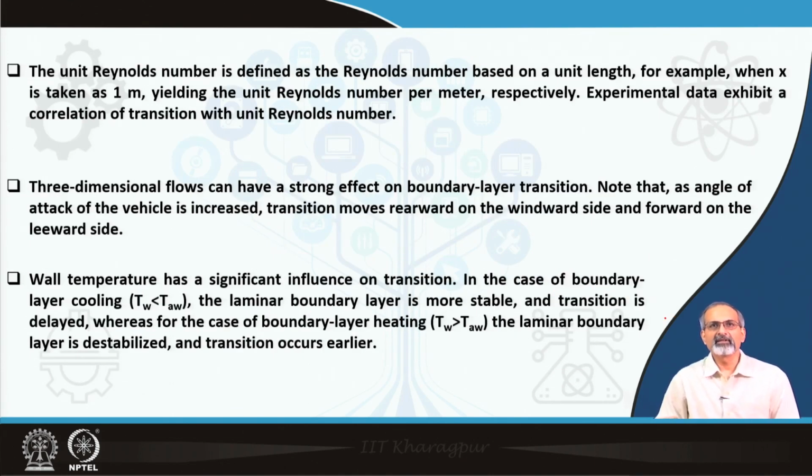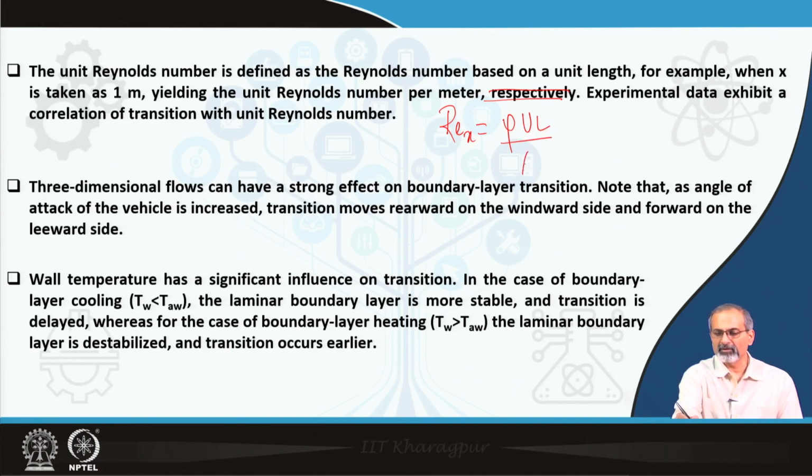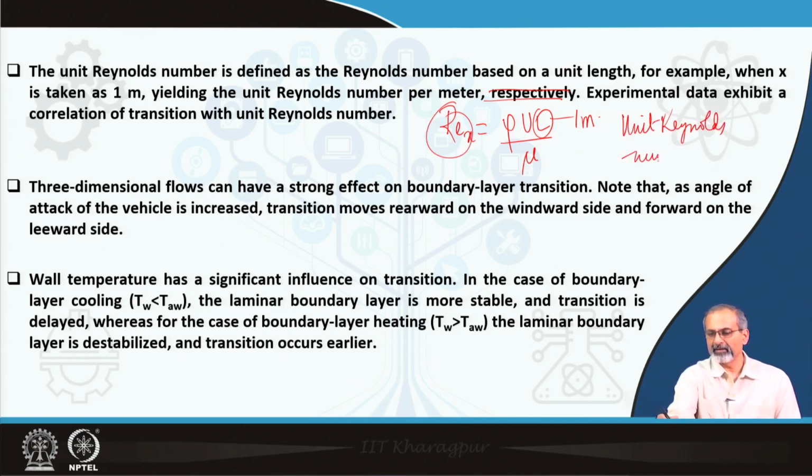The unit Reynolds number is defined as the Reynolds number based on unit length. For example, x is taken as 1 meter, yielding the unit Reynolds number per meter. That basically means that if you are talking about REx and you are talking about the length to be 1 meter, then this basically becomes unit Reynolds number, and it has been found from experimental data that there is a correlation of transition with unit Reynolds number.